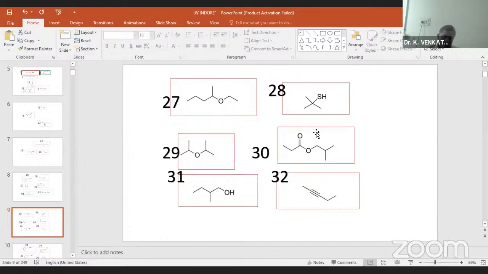Okay, no problems. And 28. This is 2-methyl 2-mercaptane.